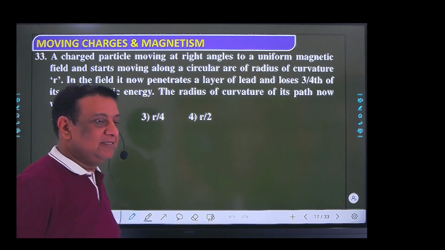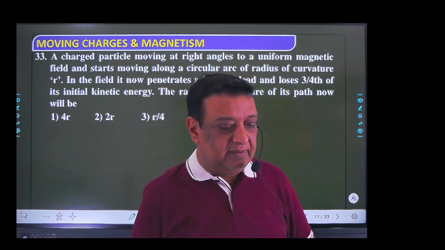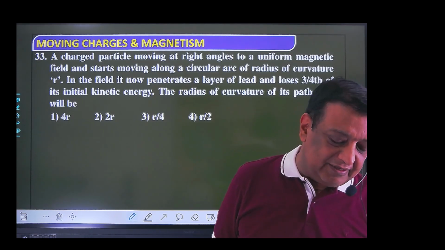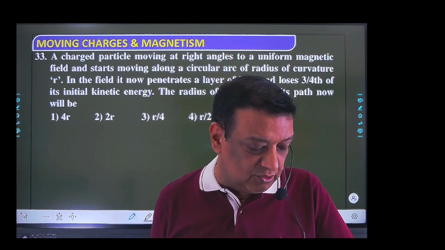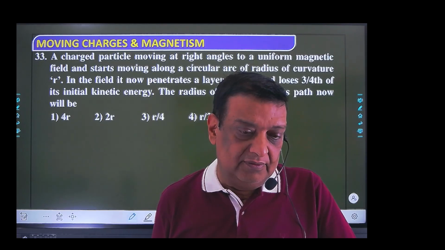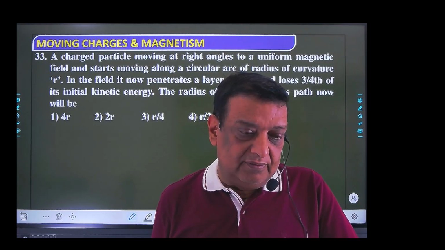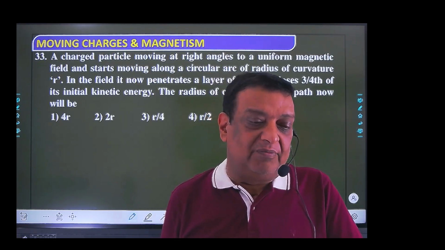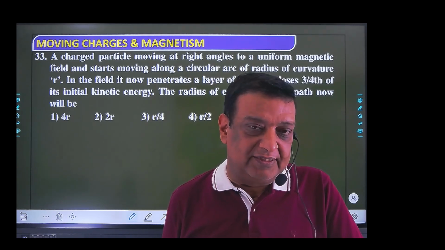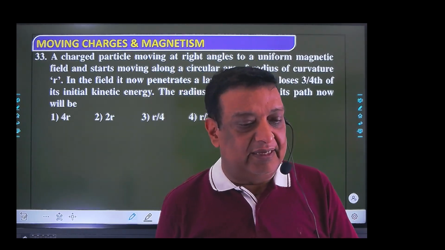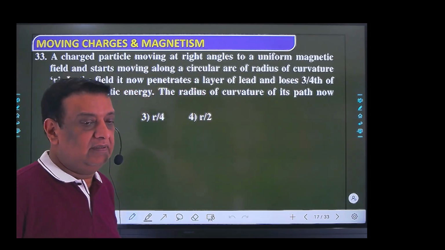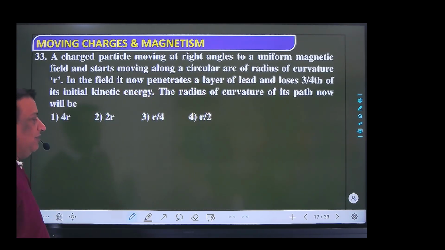Radius of its path is? चार्ज पार्टिकल अगर मैग्नेटिक फील्ड में मूव करे तो रेडियस का फॉर्मूला क्या था? रेडियस ऑफ पाथ r किसके इक्वल था? r is equals to mv by qB.